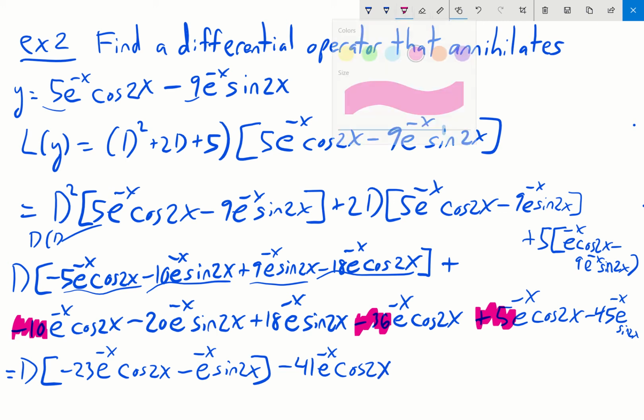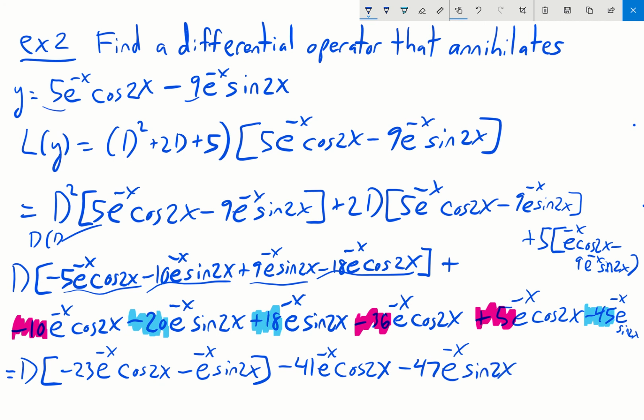And now we'll combine our negative e to the negative x sine 2x terms, coefficient of negative 20, positive 18, and negative 45. If we combine those, that's going to give us negative 2 plus negative 45, which would be negative 47 e to the negative x sine of 2x.